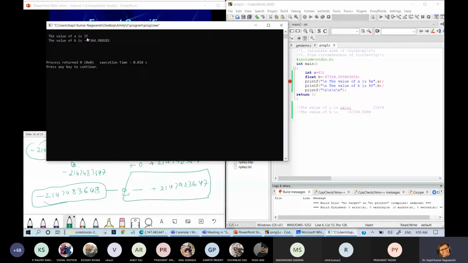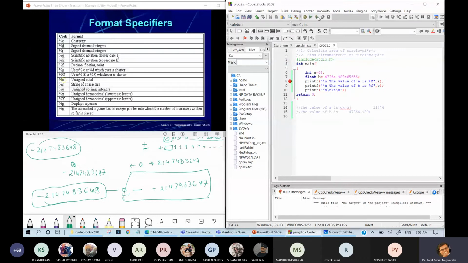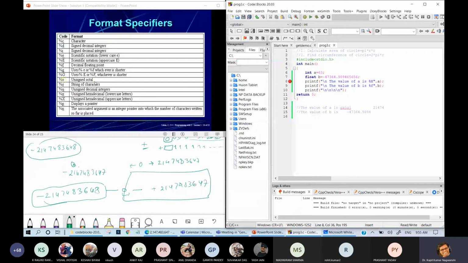Yes, 3F is the answer for this number. If you are writing capital X, this will give you the answer in capital letters. So this is 3F. The same answer is there.